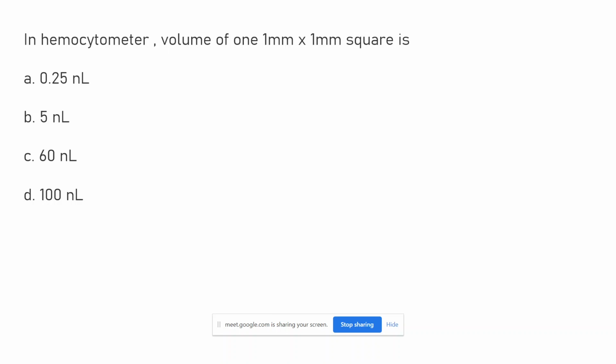I'll tell you the answer first, and then I'll explain why that answer is correct. The correct answer is D, which is 100 nanoliter.